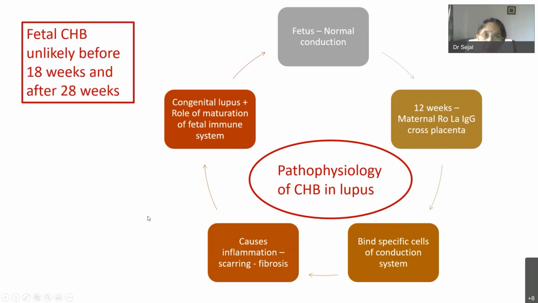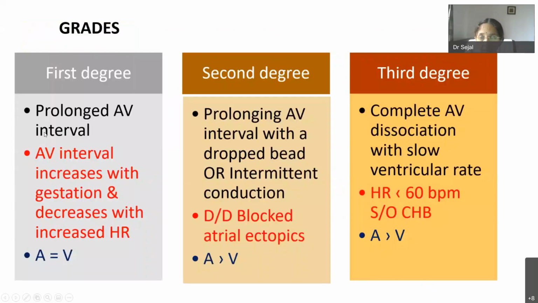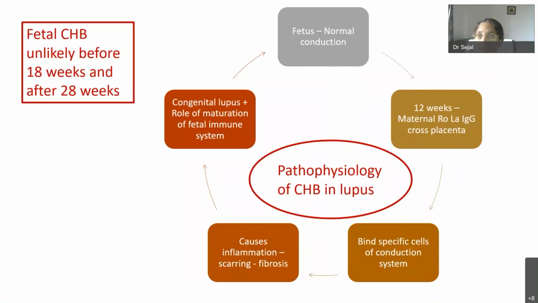And complete heart block is usually unlikely before 18 weeks and after 28 weeks. So this is what we were understanding. I think from 16 weeks to 30 weeks would be the period where you need to monitor completely. Also remember that not all fetuses can be picked up in the early phase.